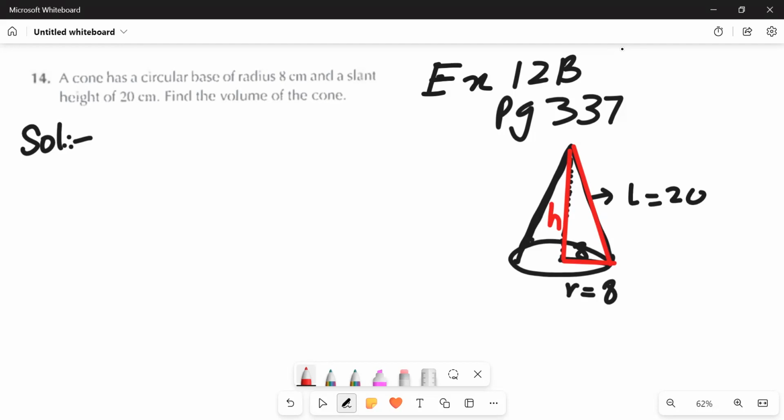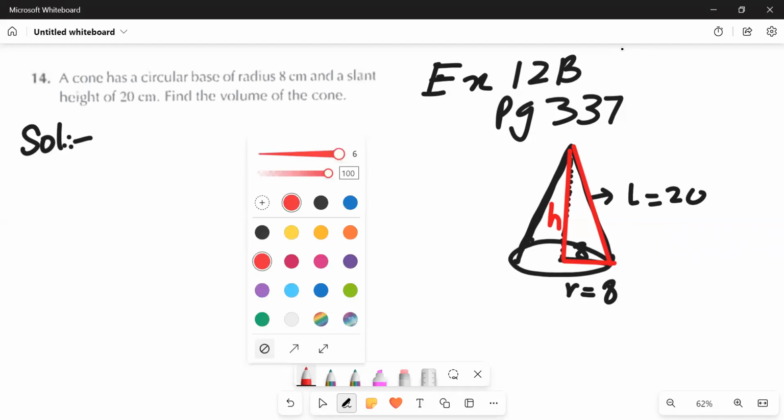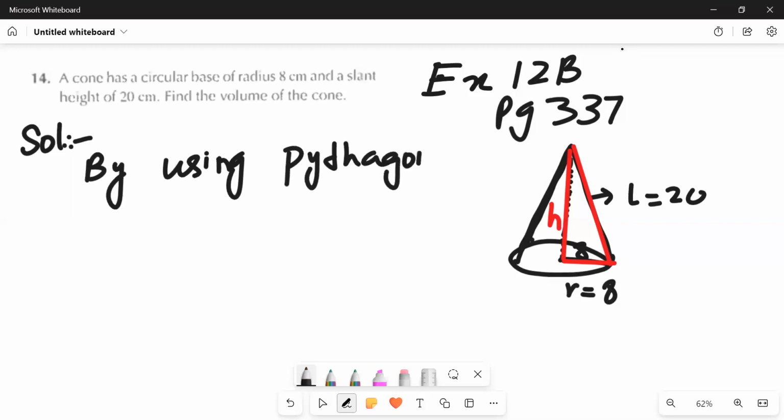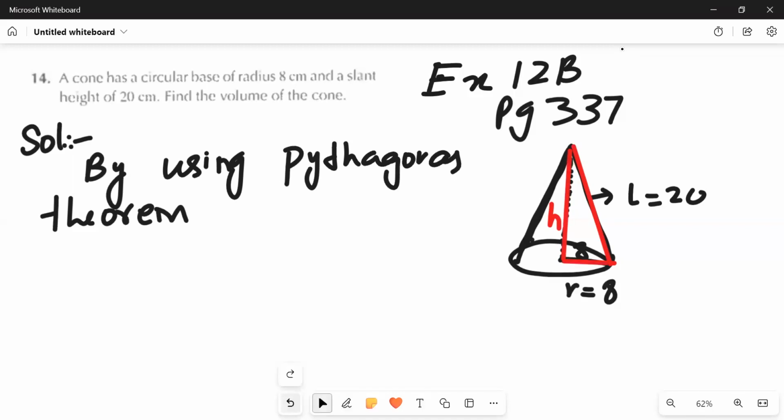Okay, by using Pythagoras theorem, this base and this height square.